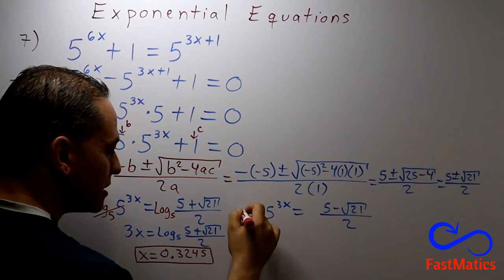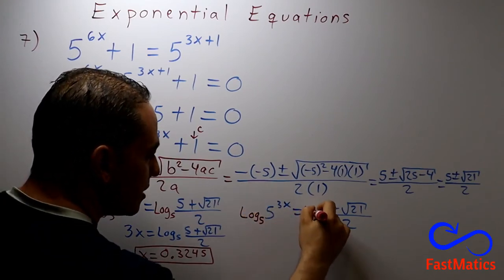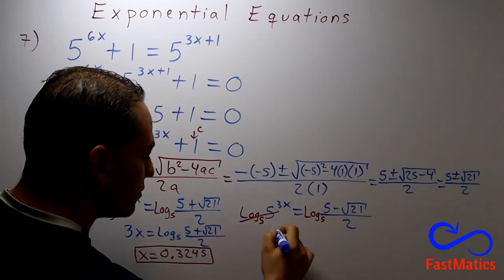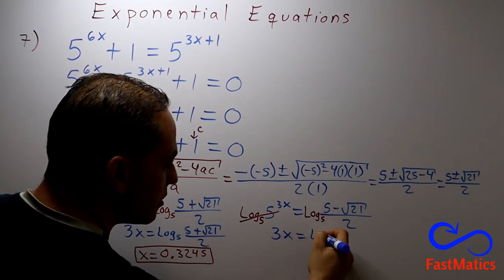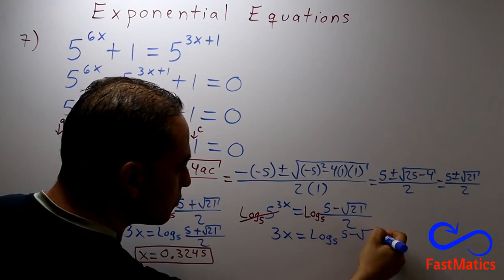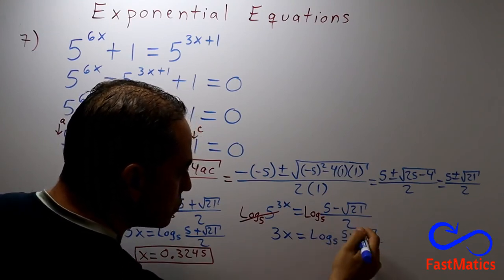In order to eliminate a 5, logarithm base 5 on the left side but also on the right side, we eliminate the 5, and here we have 3x is equal to logarithm base 5 of 5 minus the square root of 21, and that divided by 2.